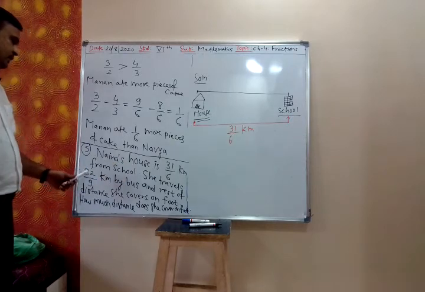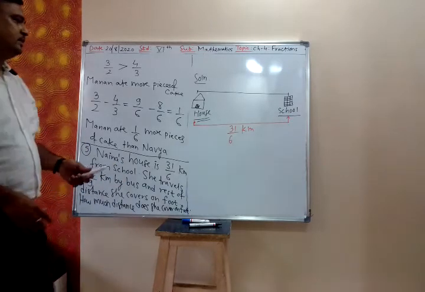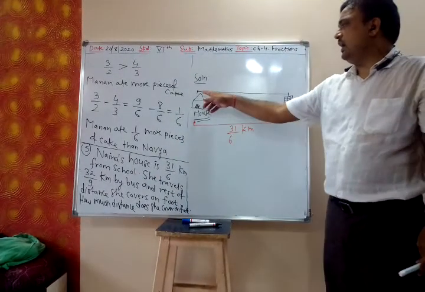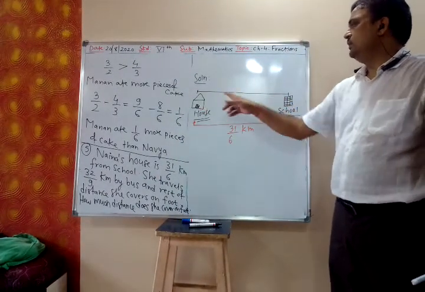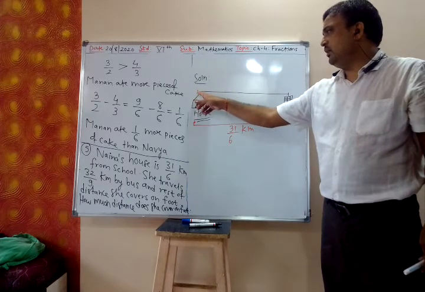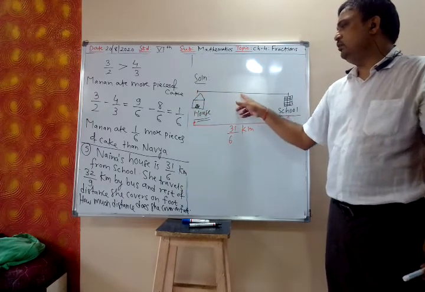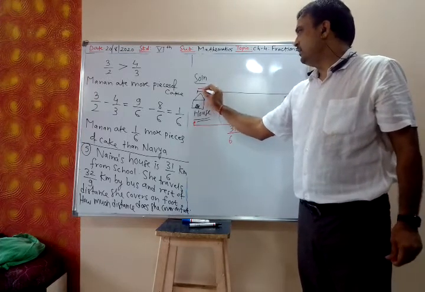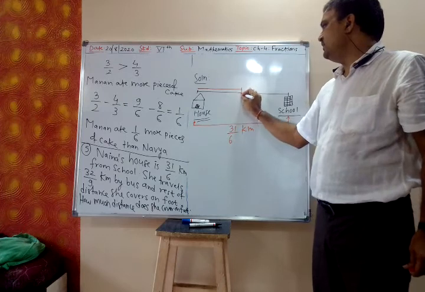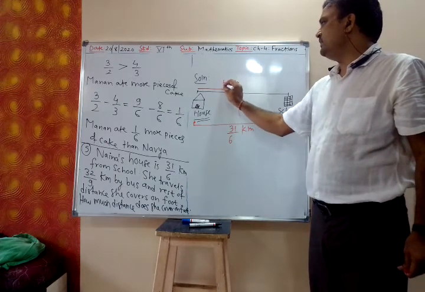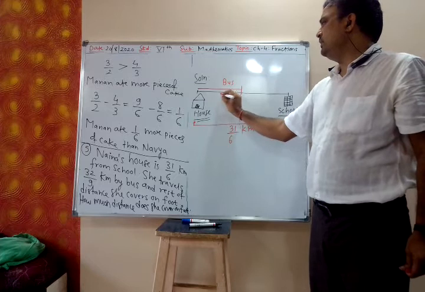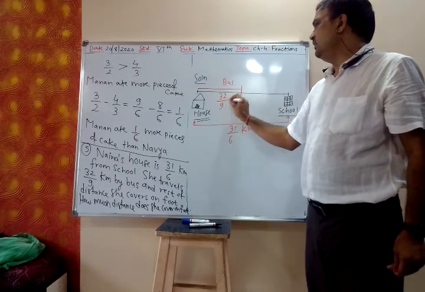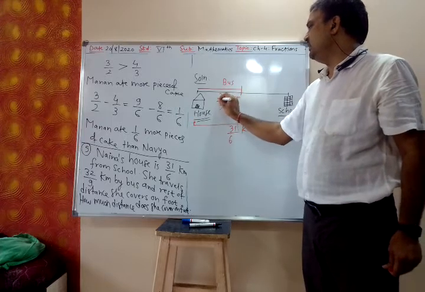She travels 32/9 kilometer by bus. So she starts traveling from her house to reach school. Suppose this much distance she covers by bus. How much? 32/9 kilometer.